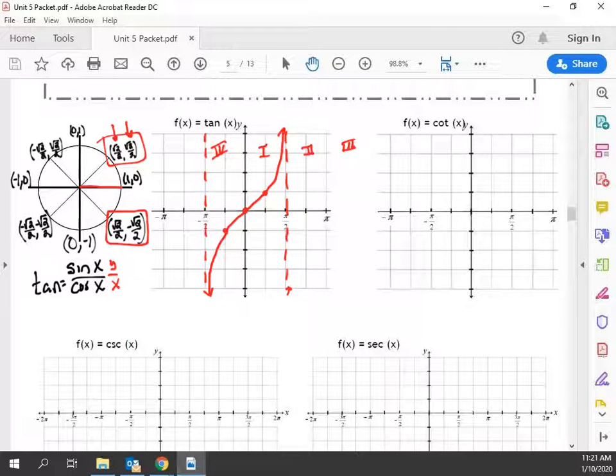Good so far? Okay. So now let's look at cotangent. And what do we know about the relationship between tangent and cotangent? Inverse, or it flips. Reciprocal, right? So that means now we're not looking at y over x. We are looking at x over y. So then we start asking the questions, well, where are the asymptotes for the cotangent function? Well, where is y equal to 0?